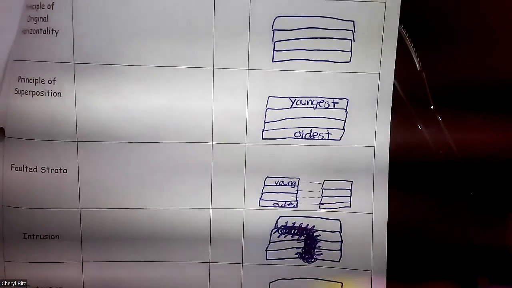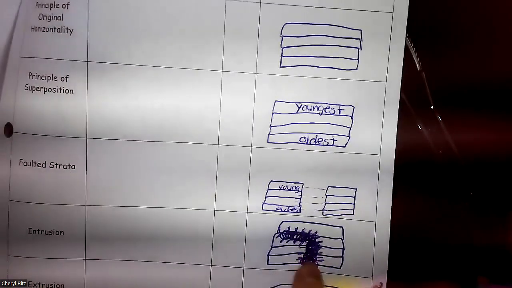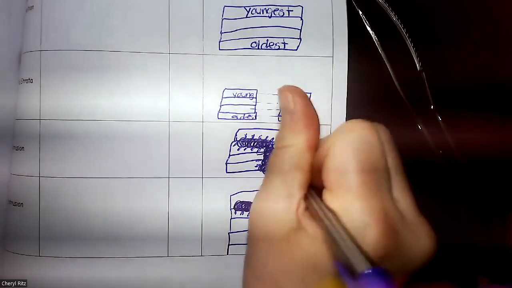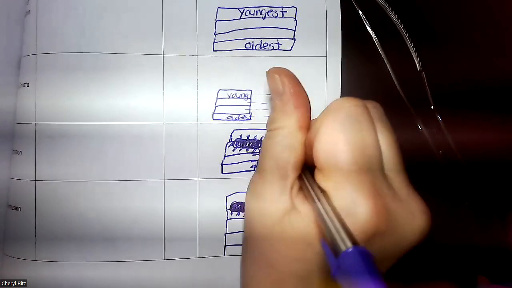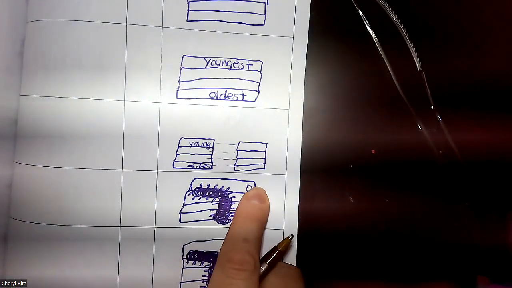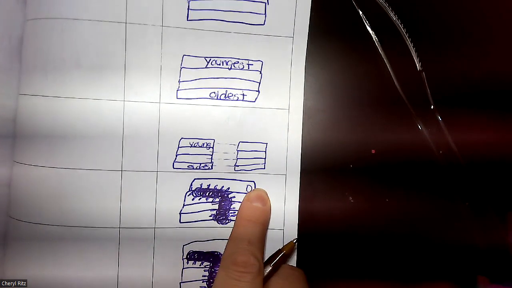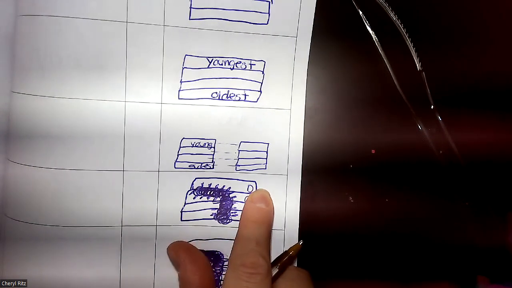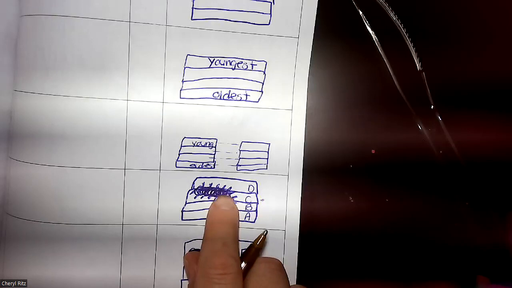Is it an extrusion or an intrusion? Intrusion. A, B, C, and D were there, sitting around, chilling, when the intrusion came through and intruded.